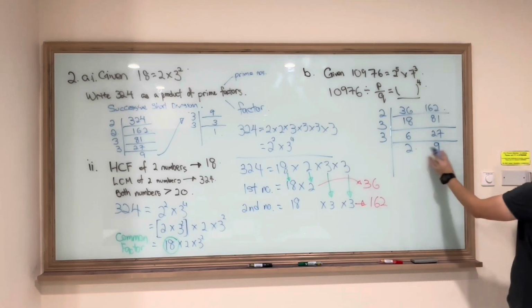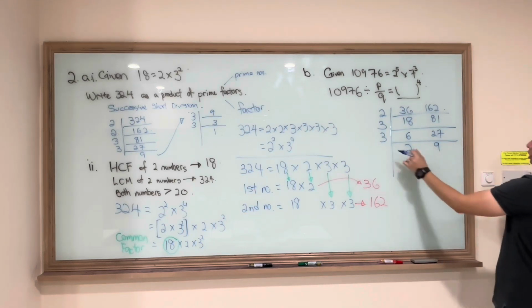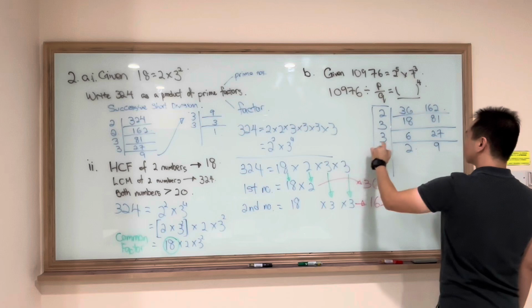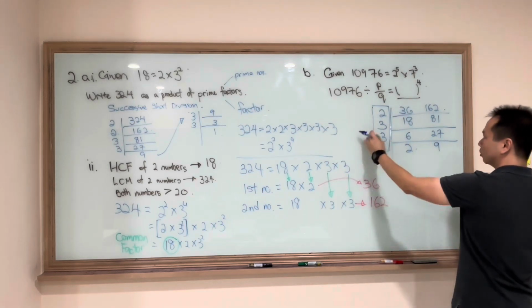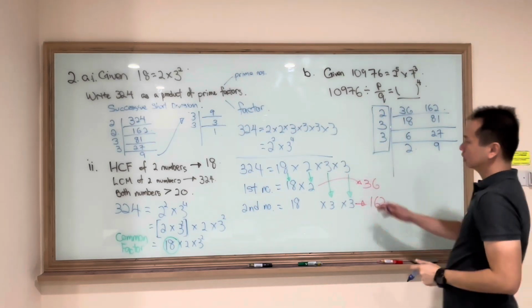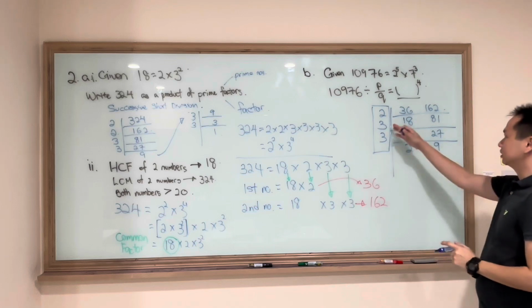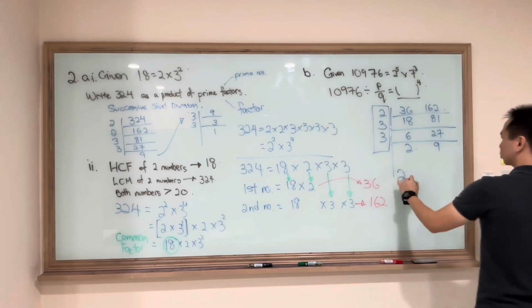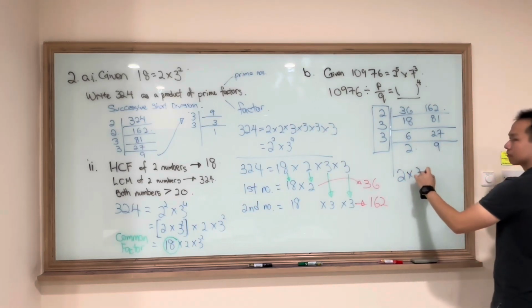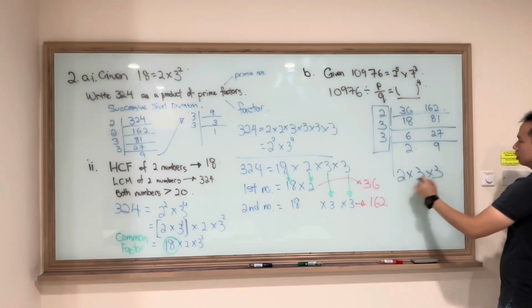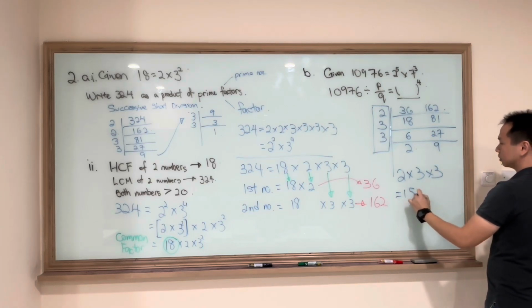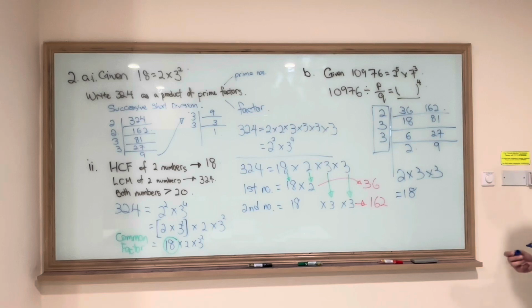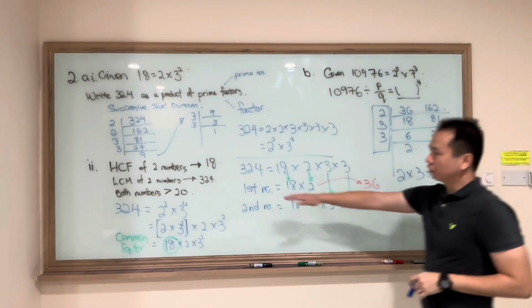From here, we cannot divide anymore. These are the common prime numbers among these two. So how much is it? Let's just do the sum. 2 times 3 times 3 gives 18. So it fulfills the first criterion.